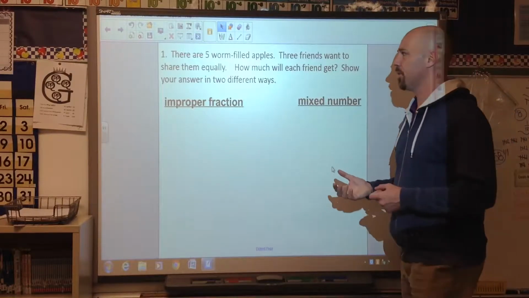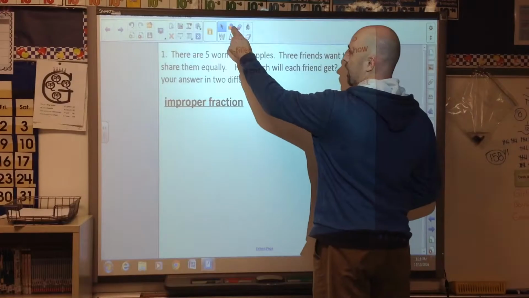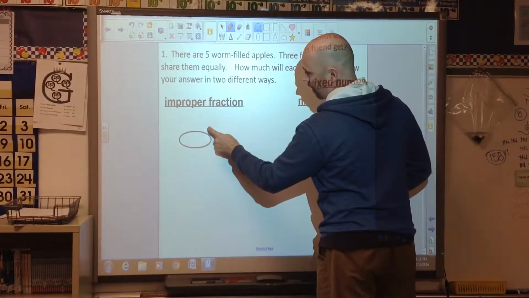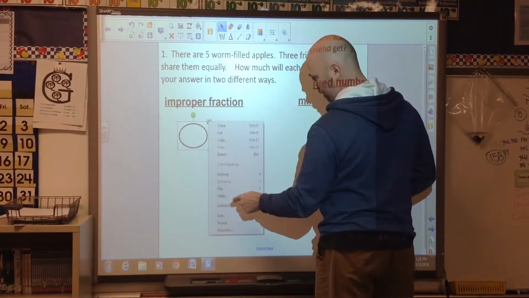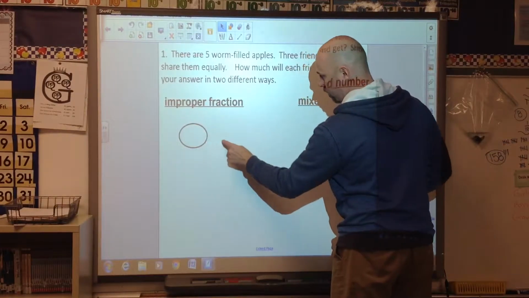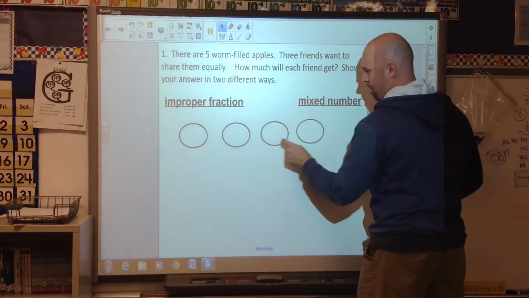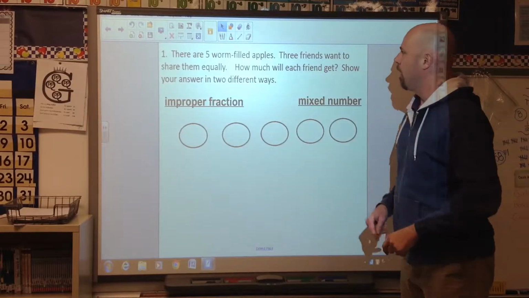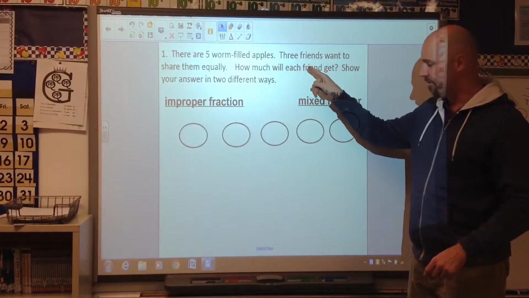So let me show you how this works here. For the worm-filled apples, instead of me drawing apples here, I'm going to make it real easy on myself. And in my class we've been using circles. So we're going to create 5 circles. And those 5 worm-filled apples are going to be shared among 3 friends.